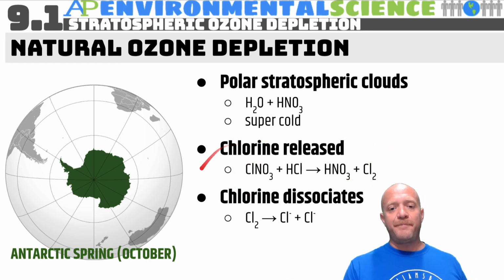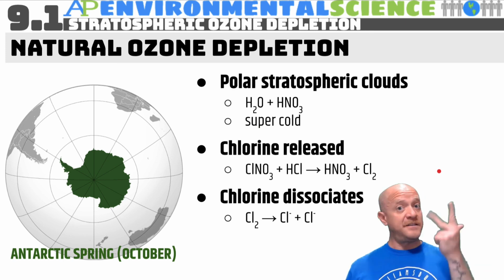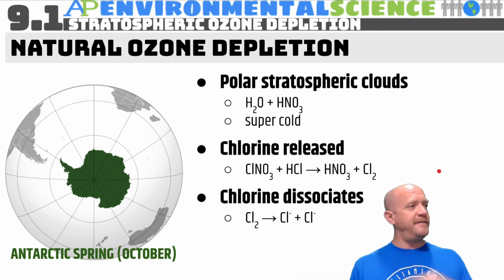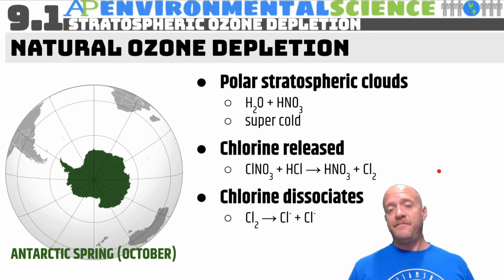This is how it's up there. It happens under super cold conditions. So that's the takeaway: stratosphere, Antarctic, spring, super cold, chlorine gets released and breaks up the ozone naturally. This process is mainly only done during the Antarctic spring, and that's basically all you have to know about natural ozone depletion.